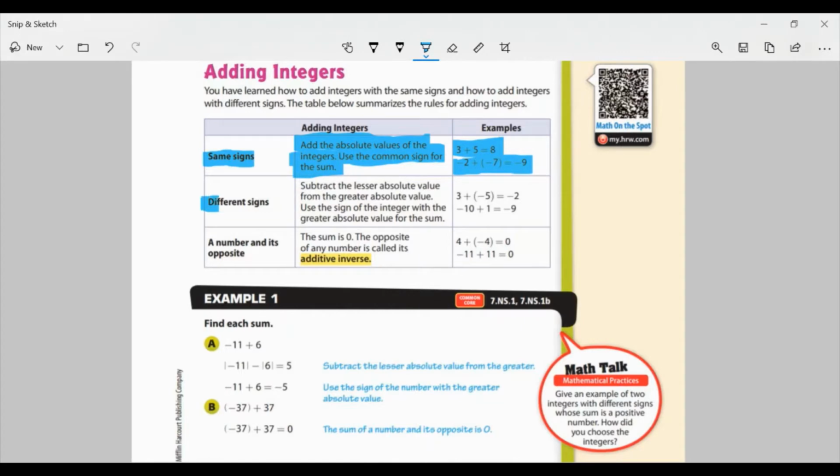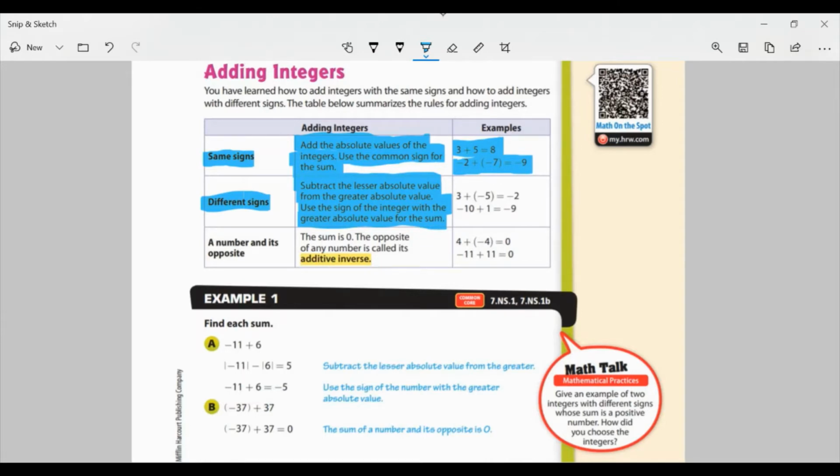Now, when they are different signs, like what we've been doing in the previous lesson and moving forward here, we subtract the lesser absolute value from the greater absolute value and use the sign of the integer with the greater absolute value for the sum.